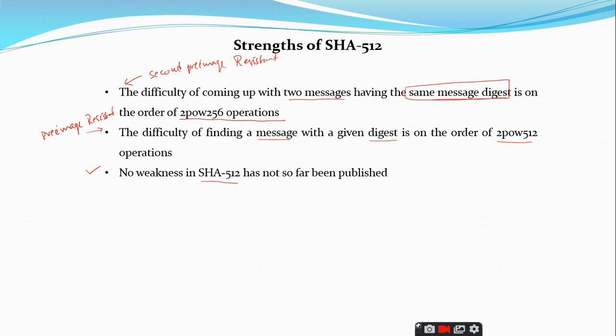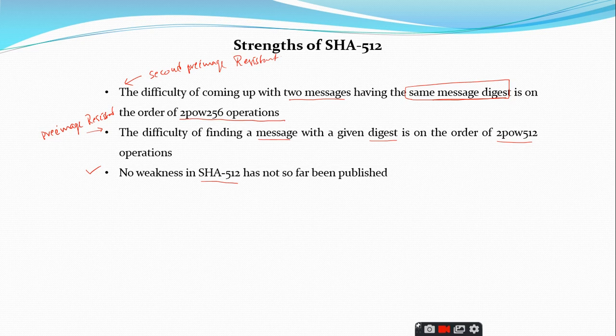See the logic here. SHA-512, that means SHA-2, was proposed in 2002 and it is now 2021. Almost 20 years have gone, but till now there is no weakness that was published against this SHA-512. That is the strength of SHA-512.